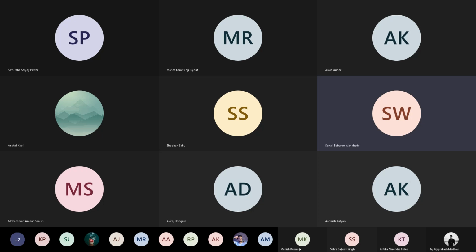Okay, so we had seen the binary representation of a particular number, and how we perform various operations like addition. There was a concept called carry.